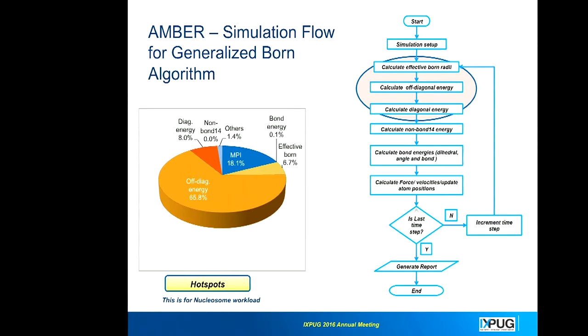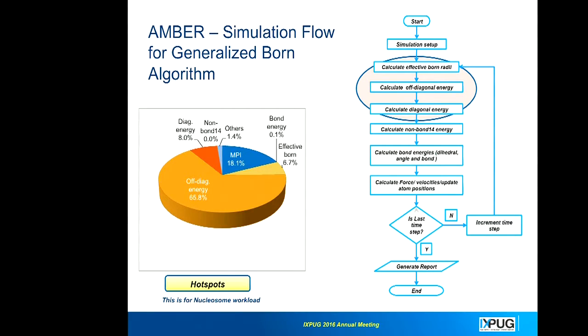So if you are running it on a KNC which has 61 cores, you would probably use 60 or 120 MPI ranks to simulate, and there was a big overhead of MPI.